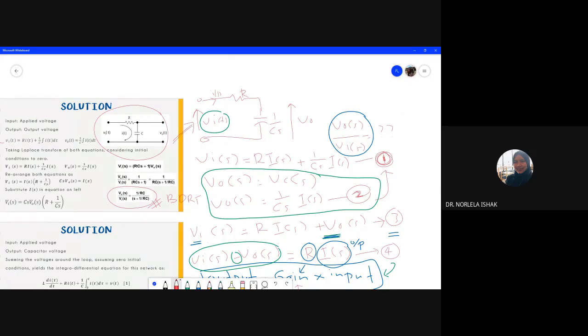This one. Okay, we redraw the circuit and we label the impedance of component. Okay, meaning R, the impedance is R and the capacitor is 1 over CS.